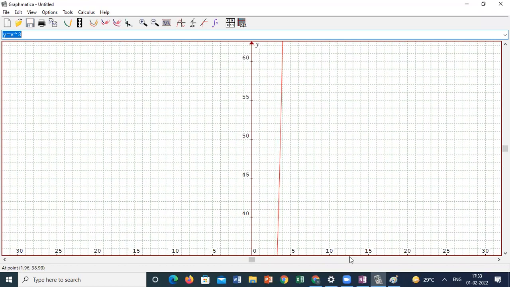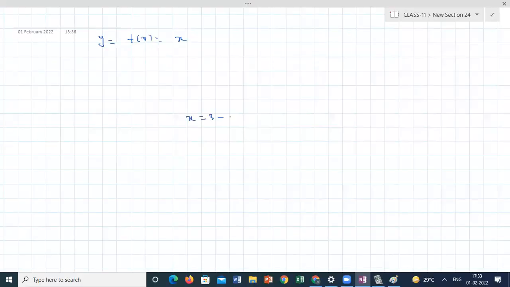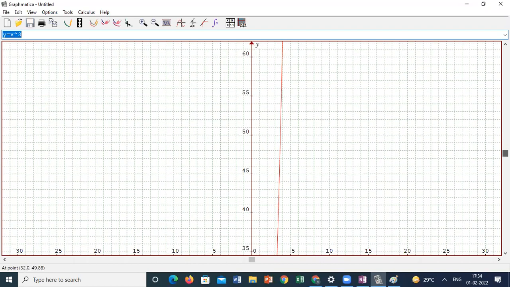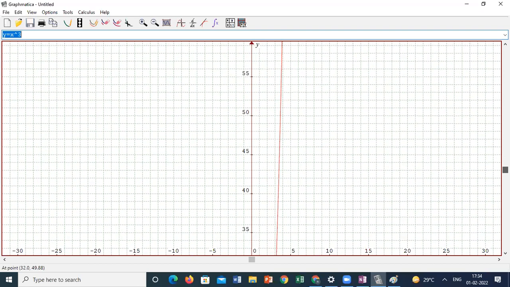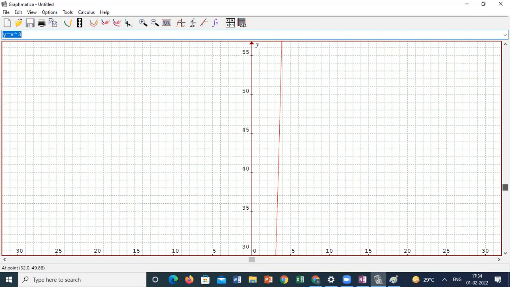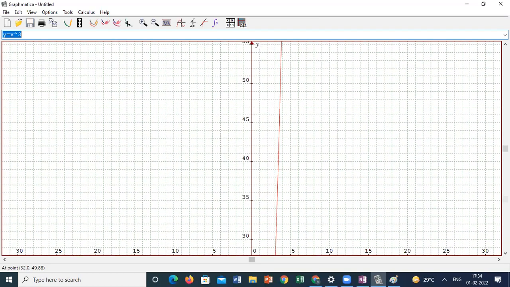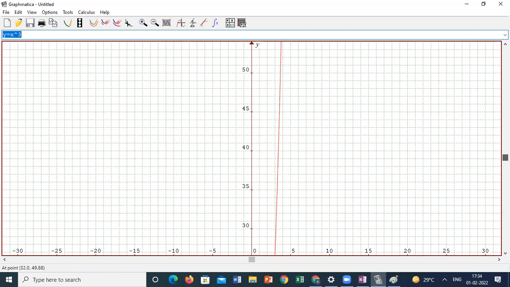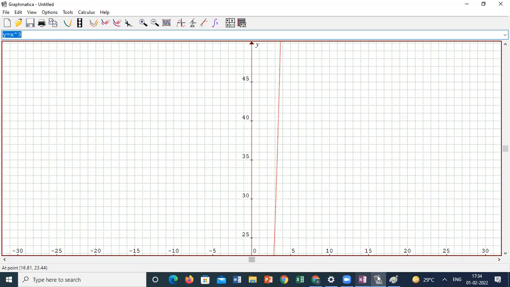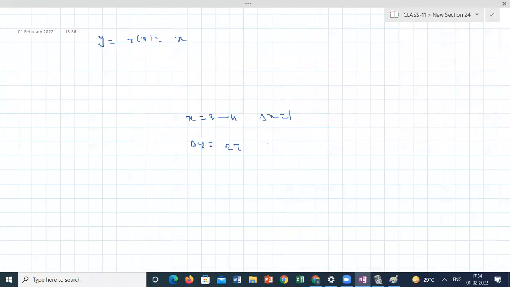That means at x from 3 to 4, the change delta x is only 1, but delta y is different. Somewhere it meets at 62, and at 13 it is meeting at 20, I can take it as 25 plus 27 or something. So delta y is 27 to 62.